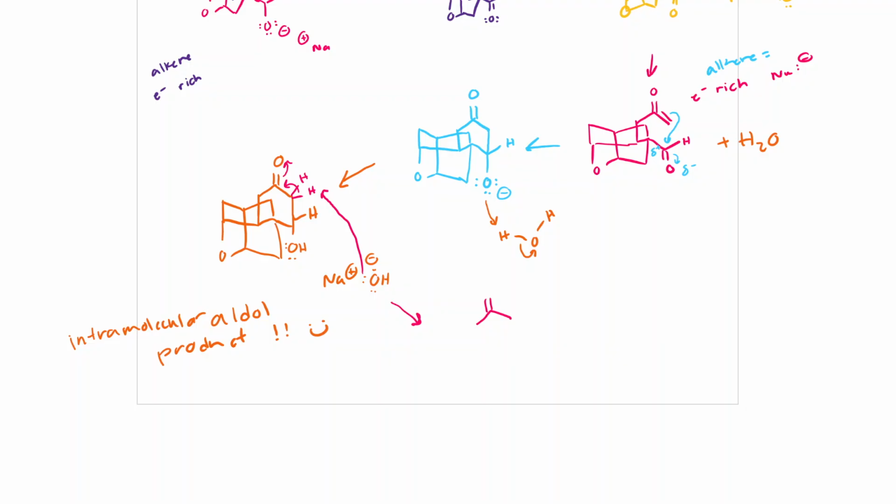Okay, so we have a unit here. We have a pi bond here, hydrogen here, HOH. Boom, boom. Here, here. Okay, we have this alkene.